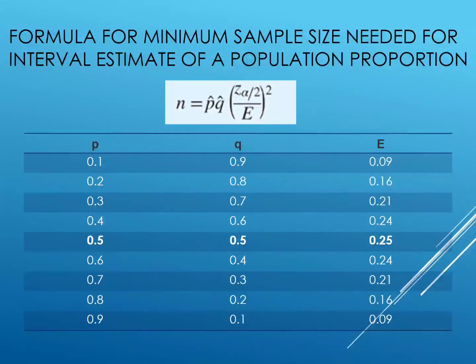Alright, so lastly, there's this formula for minimum sample size needed for interval estimate of a population proportion. This is very similar to 7.2, where we were looking for n. In this case, n is the smallest sample size needed to make a good estimate or confidence interval for a population proportion, and it would be n equals p hat times q hat times critical z divided by e, squared.